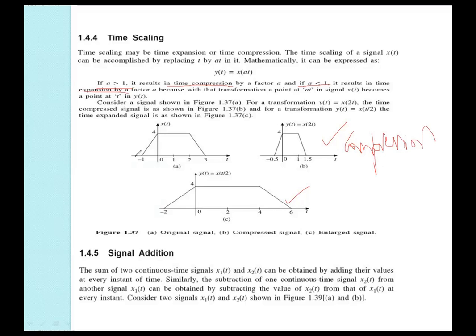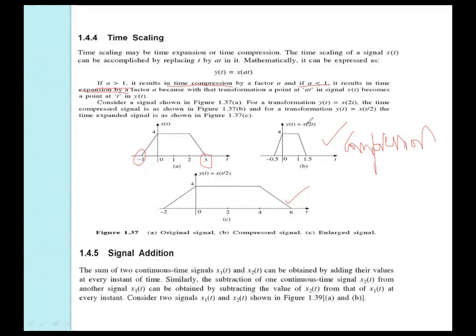Here it starts from minus 1 to 3. Observe in the t function, minus 1 and 3. There is no change in the amplitude, only the change occurs in the frequency.